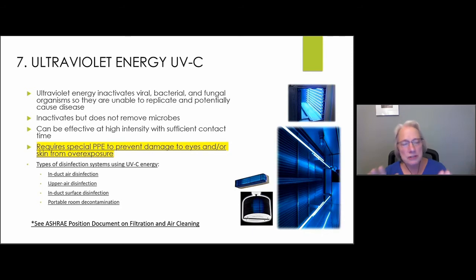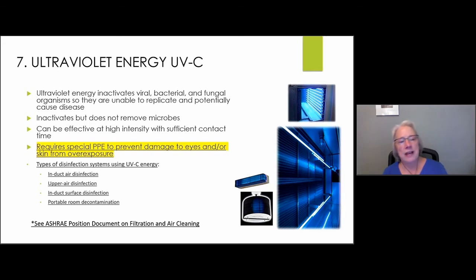So UVC can inactivate viral, bacterial, and fungal organisms. It does not remove the organisms, okay? It just inactivates them. They can be effective at high intensity, but once again, they require special PPE, personal protective equipment, to prevent damage to your eyes and or skin from overexposure. You have to be careful using them.